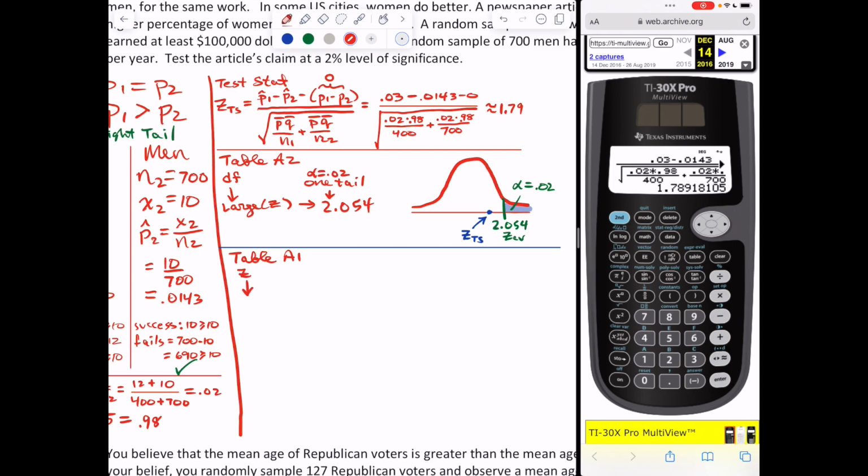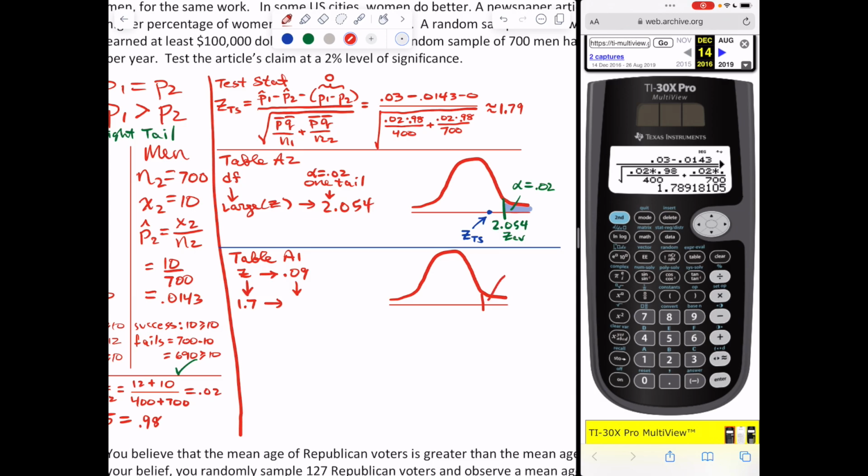So we go down to 1.7 and then 0.09, like that. And that'll tell us the area to the left of our test statistic. So let me just set this up here. Okay, so here's our curve. It's a right-tailed test, so we're interested in this area.